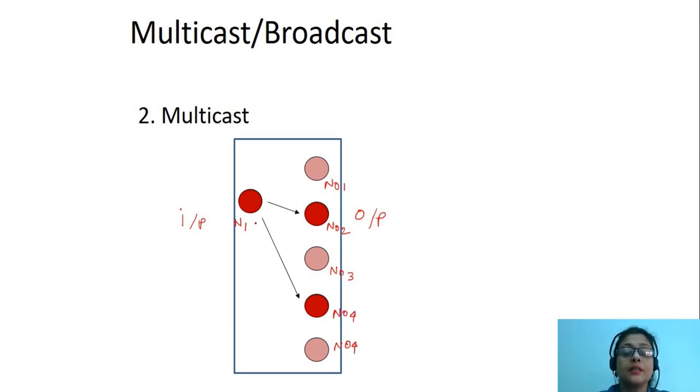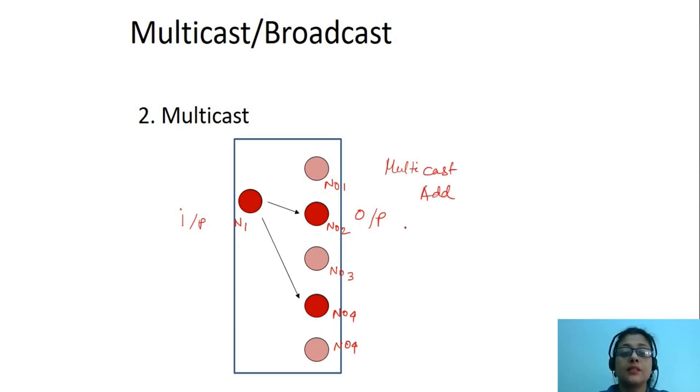Now in multicast connection, from the input node N1, a large number of devices can be connected at a single point of time. In this case, the node N1 must send the data to a multicast address. We write it like this, multicast address.